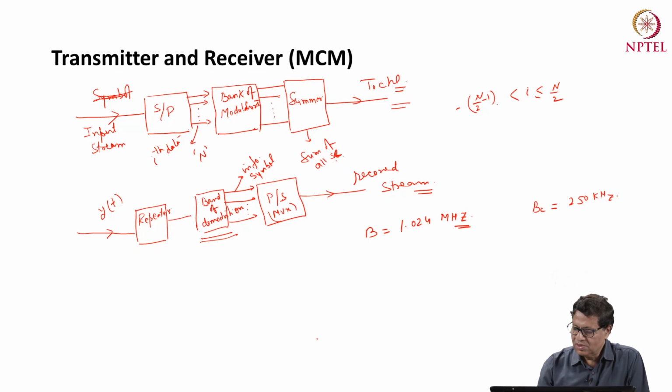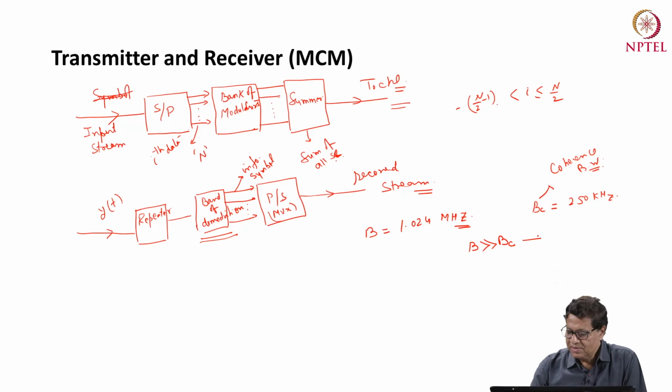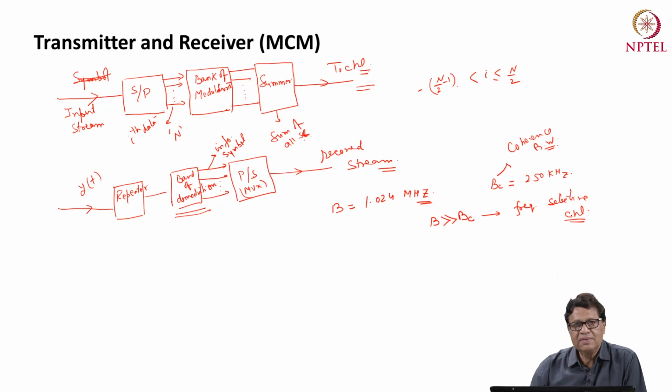So this is the coherence bandwidth. As we see here, B is much greater than BC. That means it is a frequency selective channel, because the coherence bandwidth is much less than the bandwidth of the channel.